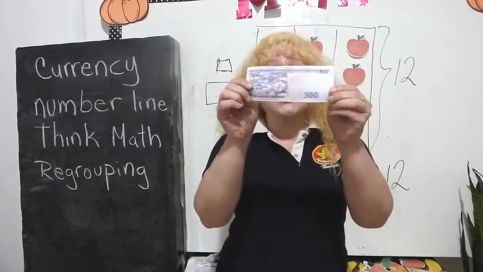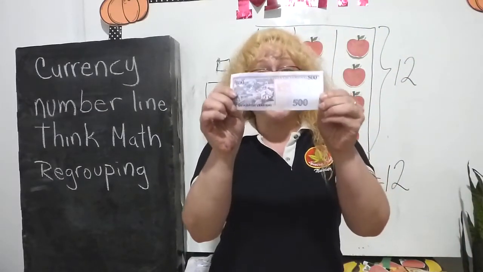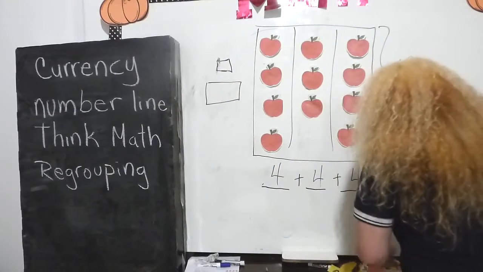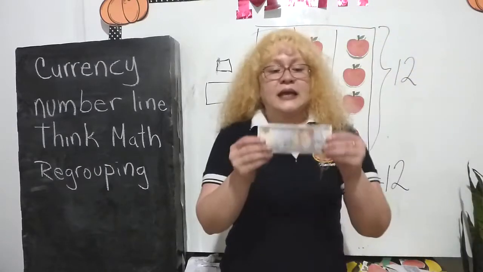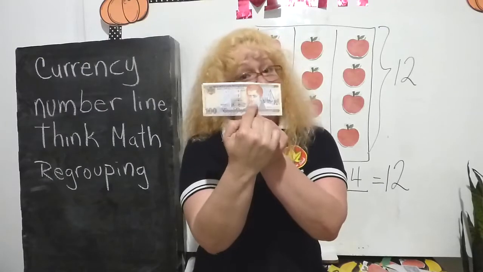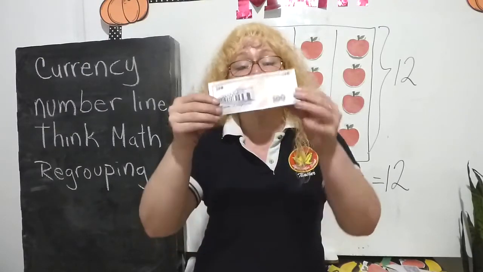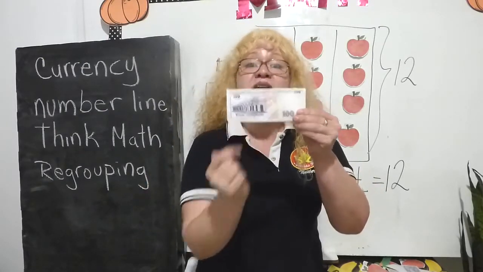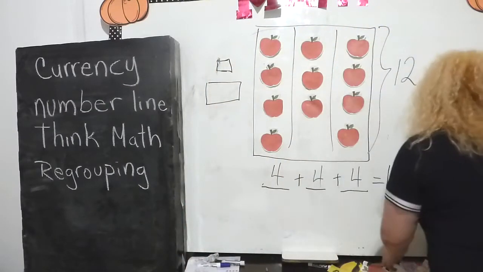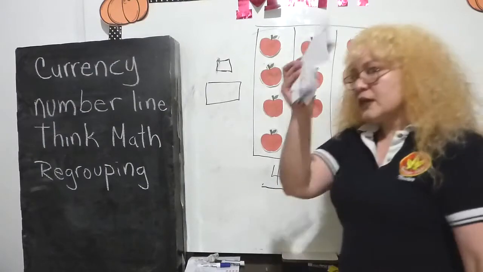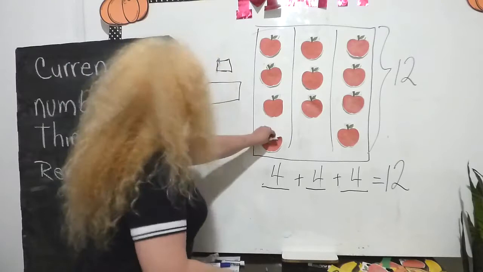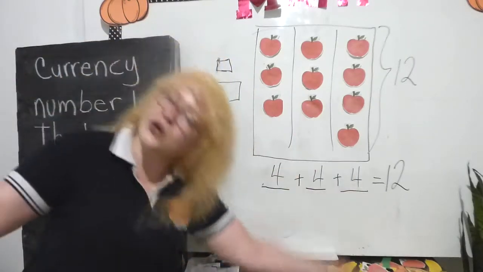And the biggest one, 500 lempiras. Okay, remember that in our currency, on one side, you have someone important, and on the other side, you have an important place. Okay? Here we go. And so, currency.